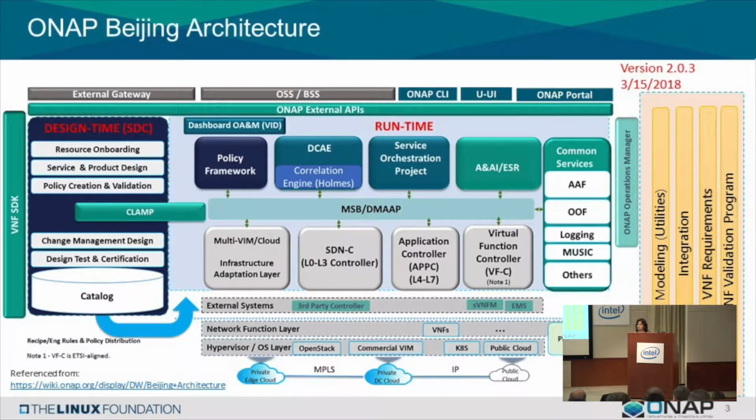The Beijing release was the second release, which happened in May this year. So this is a very high-level architecture for the project. It is a very busy slide, and it's a big project. On the right side, there are the design tools that are available for the VNF vendors to create and design their VNFs, and then those VNFs are onboarded.